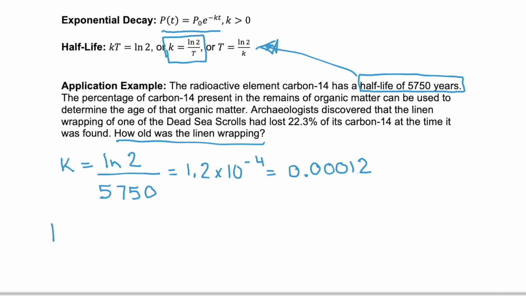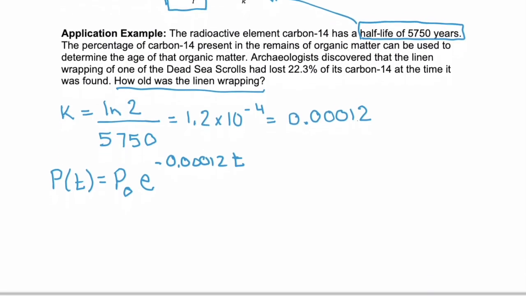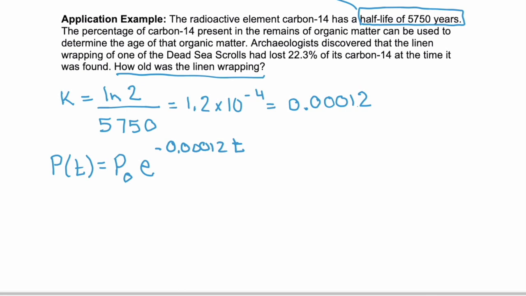So from this, we can now set up our equation. So P of t equals P subscript 0 e to the negative 0.00012 times t, right? We substituted in the k, our percent change value. Now we just need to start filling in the rest.